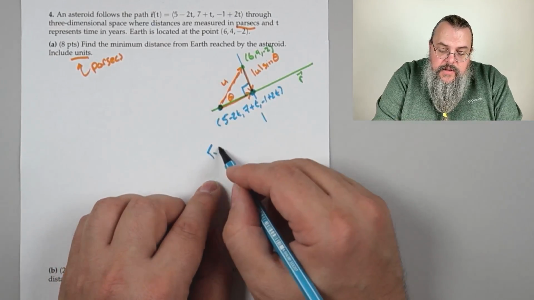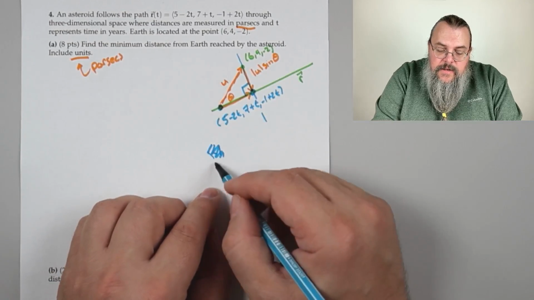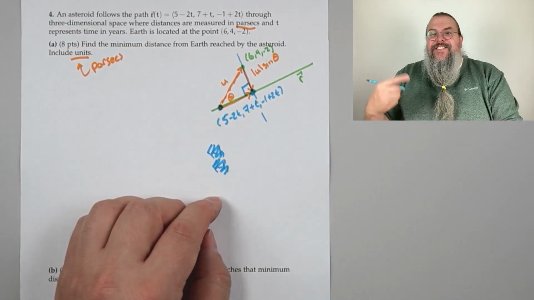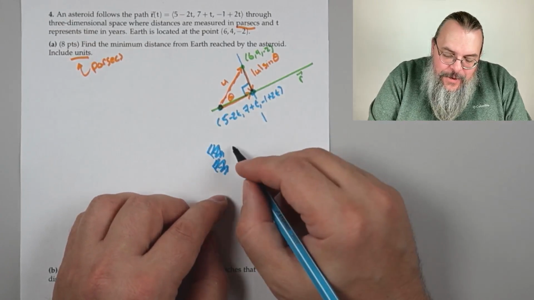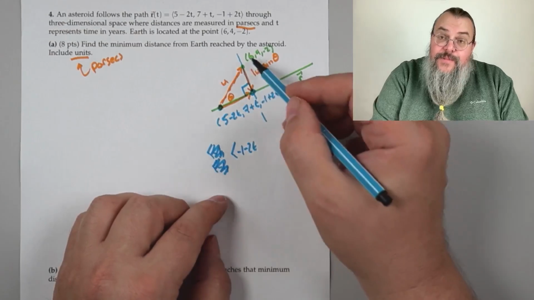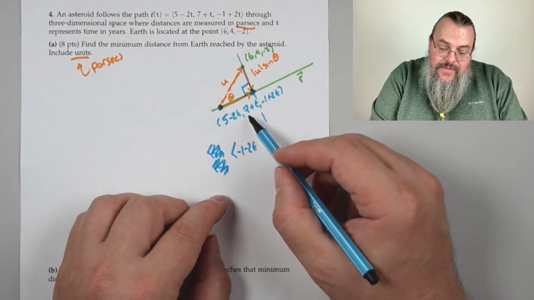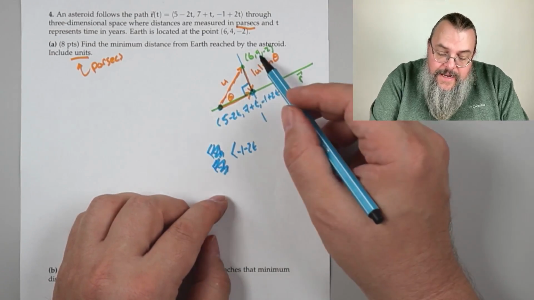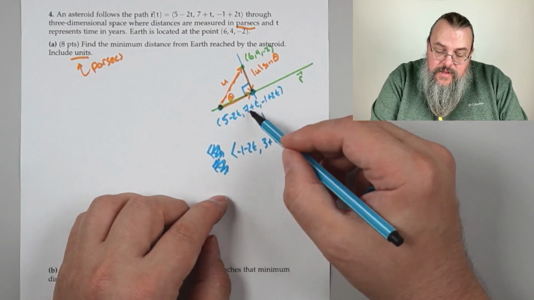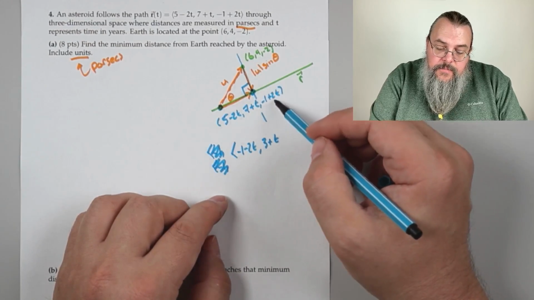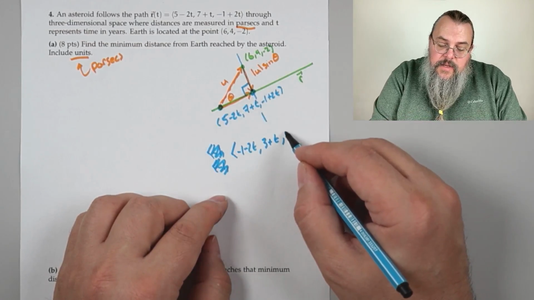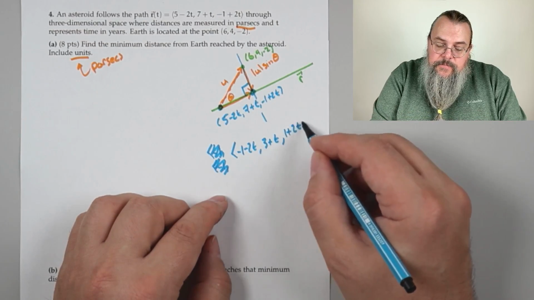So I want -1 minus 2t, right? 5 minus 2t, subtract 6. 7 plus 2t, subtract 4. That's going to be 3 plus t, right? Then -1 plus 2t, subtract -2. That's going to become 1 plus 2t.